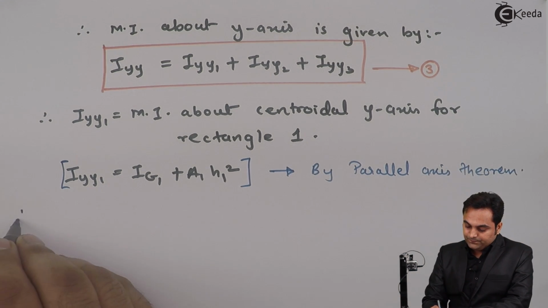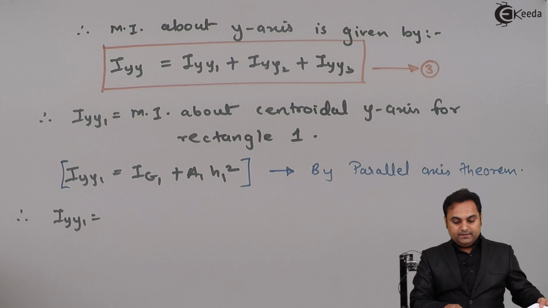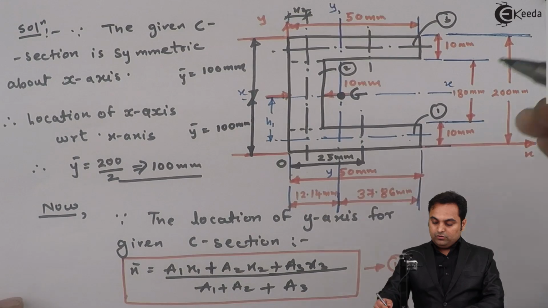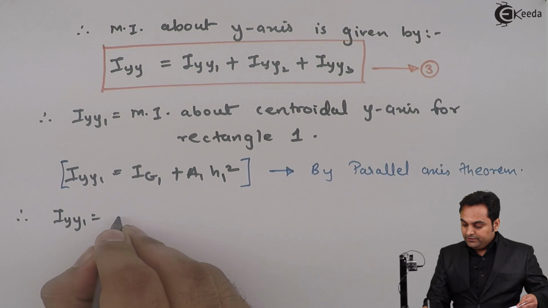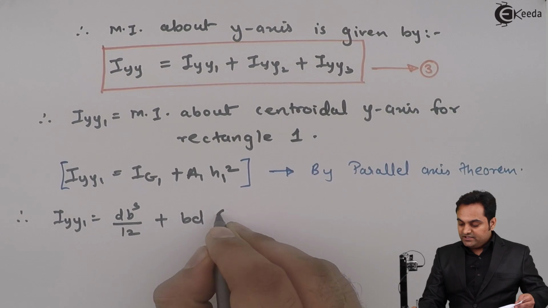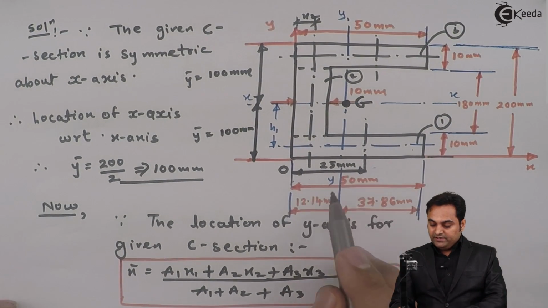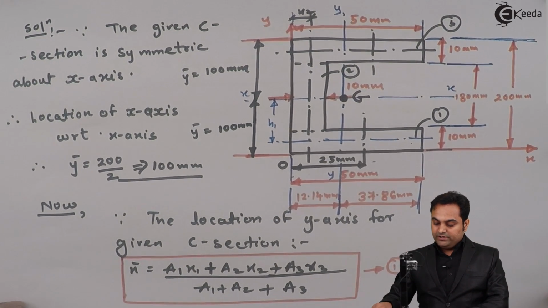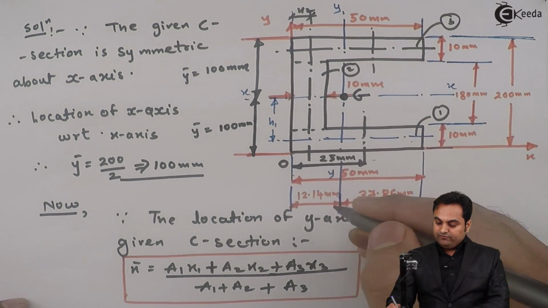So Iyy1 will be Ig1, the MI for rectangle number 1 about its y-axis, and that will be db cube by 12, the formula for a rectangle about the y-axis. Area is b into d. Now h1 I can directly say is 25 minus 12.14, because at 25 the y-axis of rectangle 1 is located and the y-axis for the complete section is at 12.14.